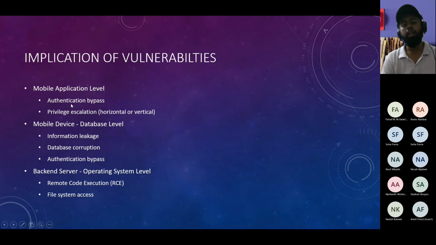I already explained an example of an Android application, that for authentication bypass there could be multiple causes. For example, there are five vulnerabilities in a mobile application, and the implication of all of them is authentication bypass. A mobile application with an SQL injection vulnerability lets you bypass authentication.